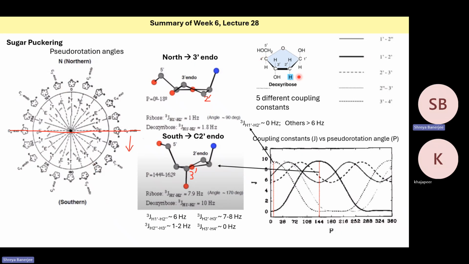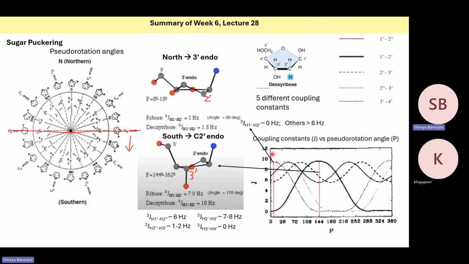In a sugar ring, you can have coupling between 1 prime, 2 prime, and 1 prime, 2 double prime. So this is 2 prime, 2 double prime. Then you can have 2 prime, 3 prime, 2 double prime, 3 prime, and 3 prime, 4 prime. These are all the possible 3J couplings.